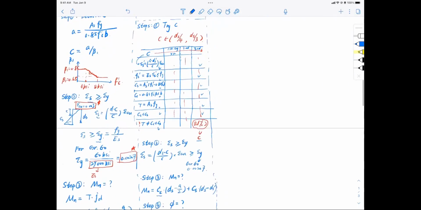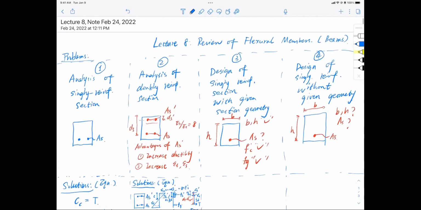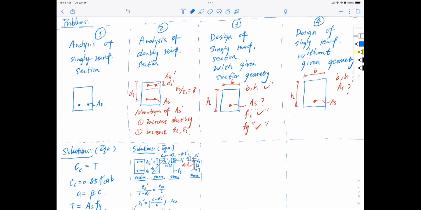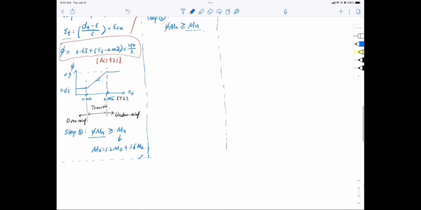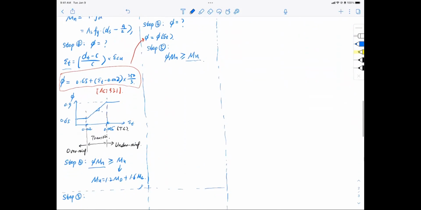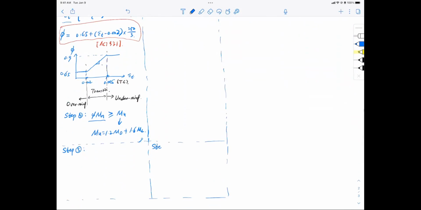Okay, so that's what we have learned for analysis of singly reinforced section and analysis for doubly reinforced section. Now, one thing I mentioned briefly, but did not say clearly in the previous lecture is that oftentimes you need to add one more thing. This is step number 5 here, and this is step number 6: check the minimum reinforcement requirement.